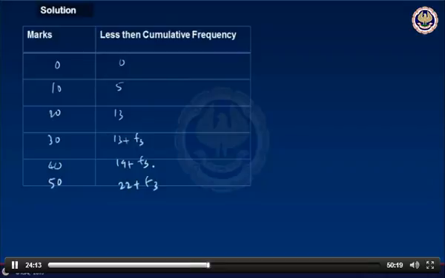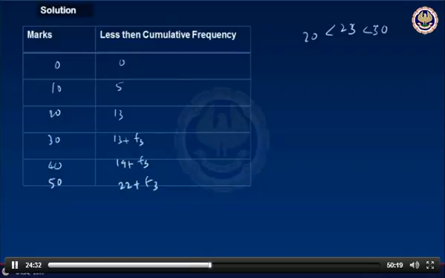Going through the mass column, we find that the given median 23 lies between 20 and 30.